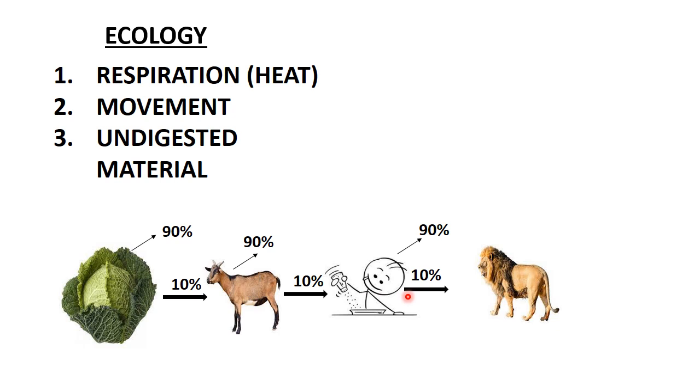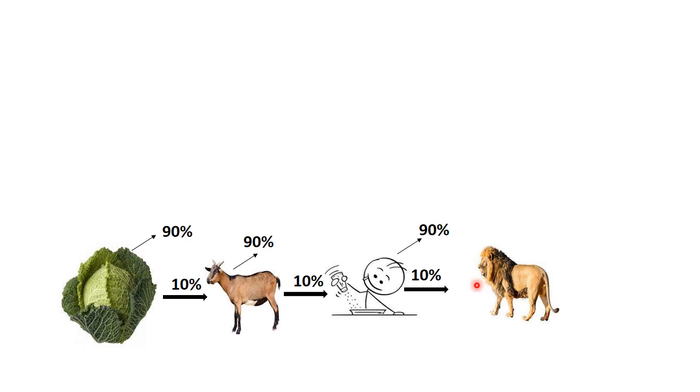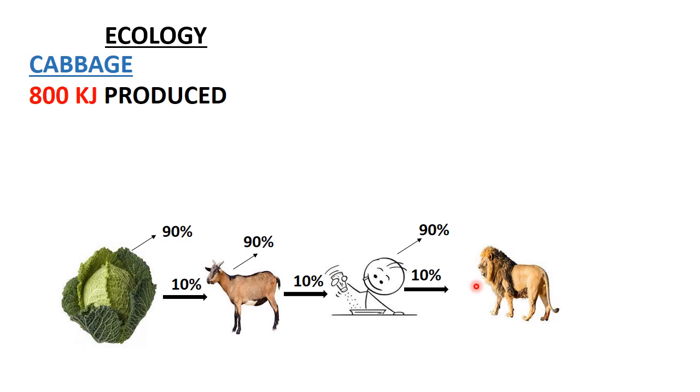Let me give you an illustration that involves numbers for you to have a clear understanding of what I'm trying to explain here. So let's say we have a situation where we have 800 kilojoules produced by the producer. Through the process of photosynthesis, food has been produced whose energy equivalent is 800 kilojoules.